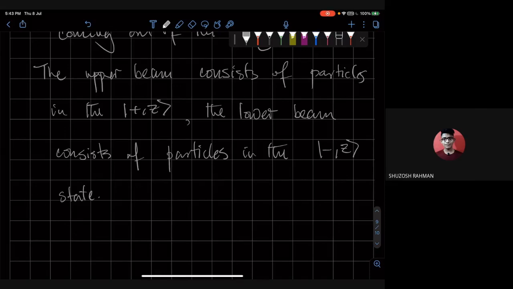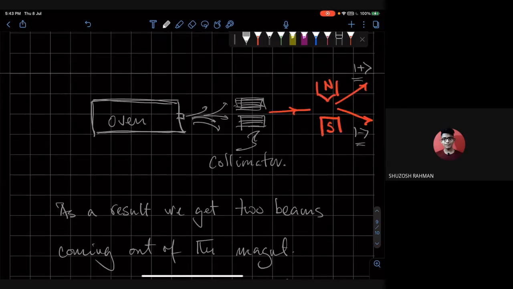But now I have another question. What if these particles were not quantum particles, but classical particles with some magnetic moment? What would have been the expectation? Would you have gotten two clearly defined beams? I think so. Why? Because we could still have a magnetic moment associated with them.